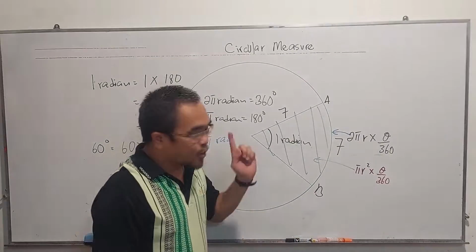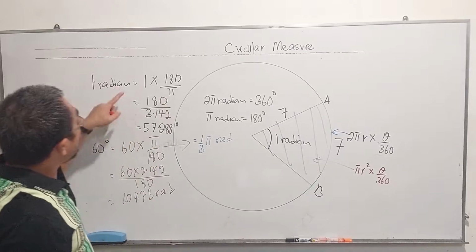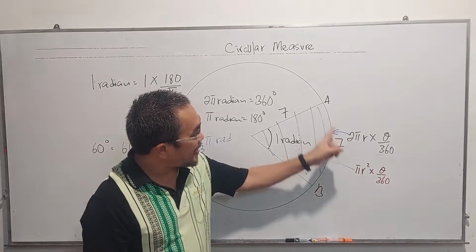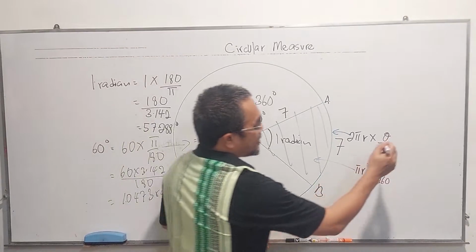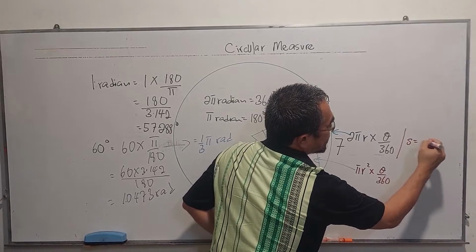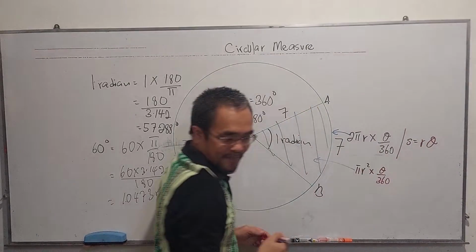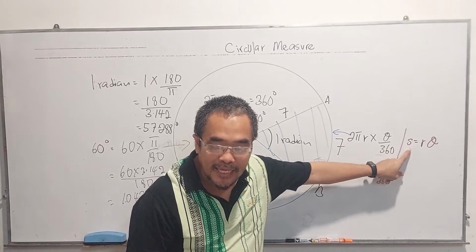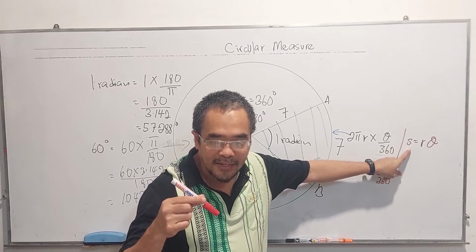Okay, alright. So now, using radian, you could calculate the length AB here using the formula S equals R times theta. This S is the length of arc. Is it clear? I'm using the red one.